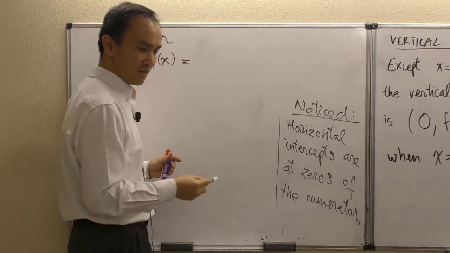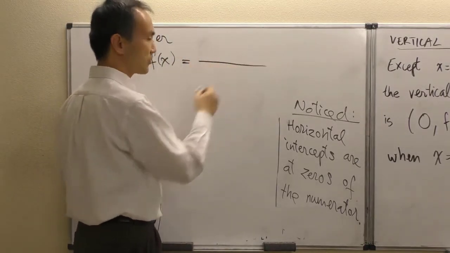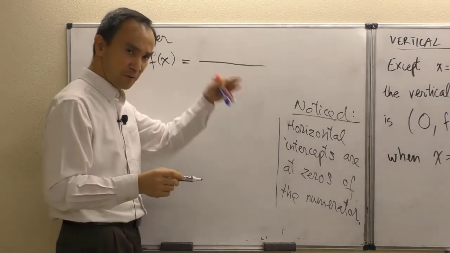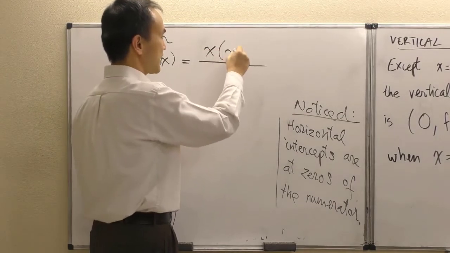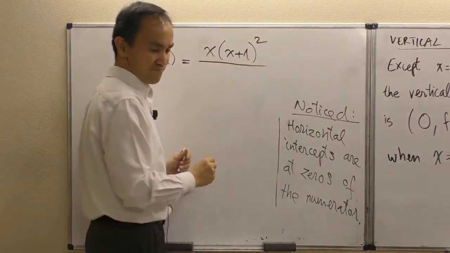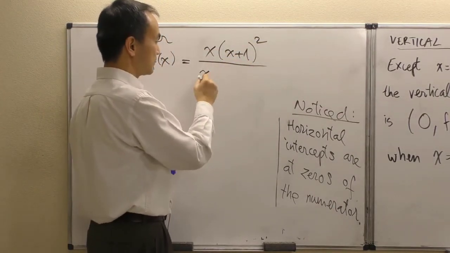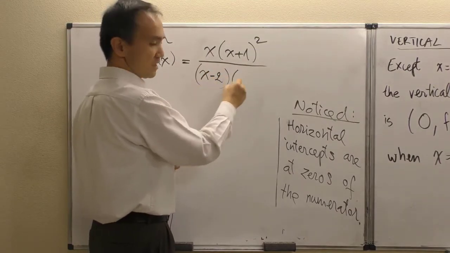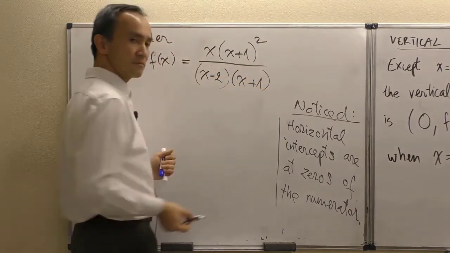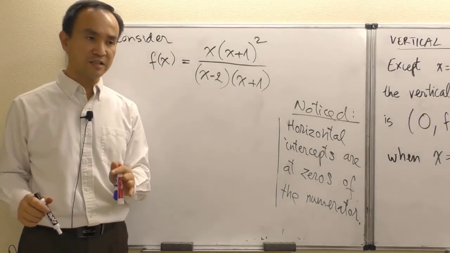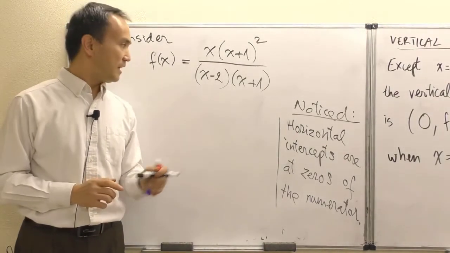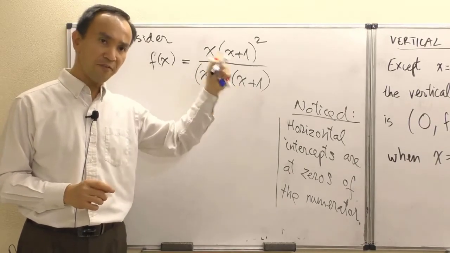This time I'm looking at our function in complete factor form, both numerator and denominator: x times x plus 1 all squared, divided by x minus 2 times x plus 1. We have our rational function given completely in factor form.